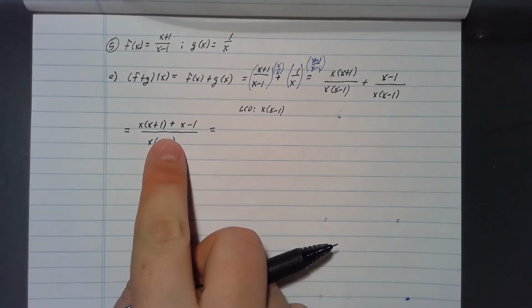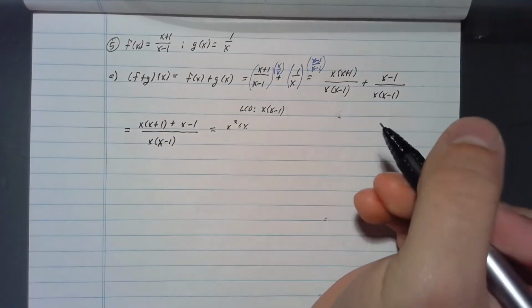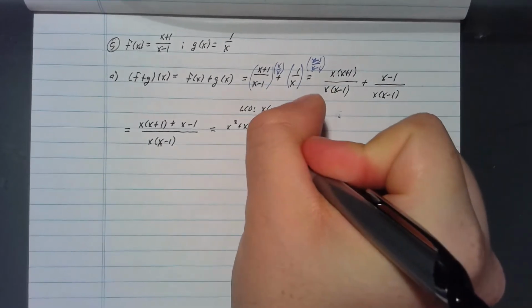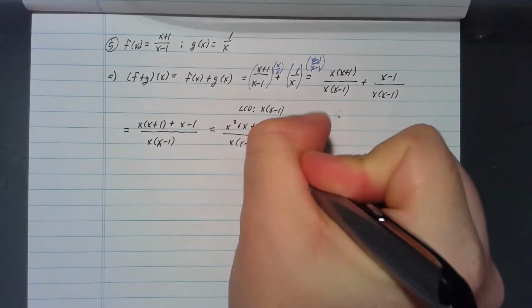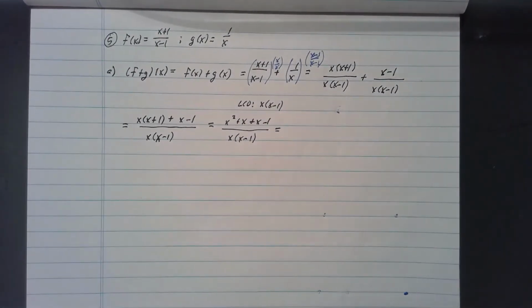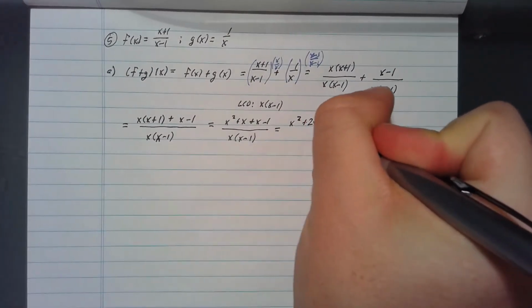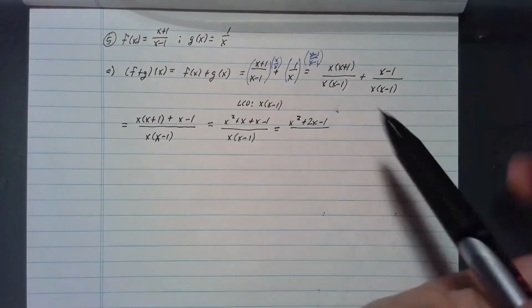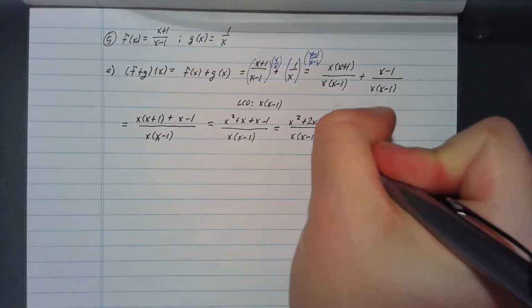So you want to combine like terms in the numerator. So x squared plus x, just distribute the x, plus x minus 1 all over x times x minus 1. Combine like terms in the numerator, so x squared plus 2x minus 1 all over x times x minus 1.